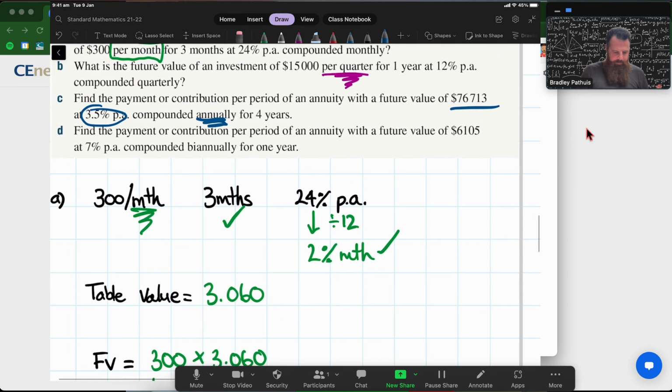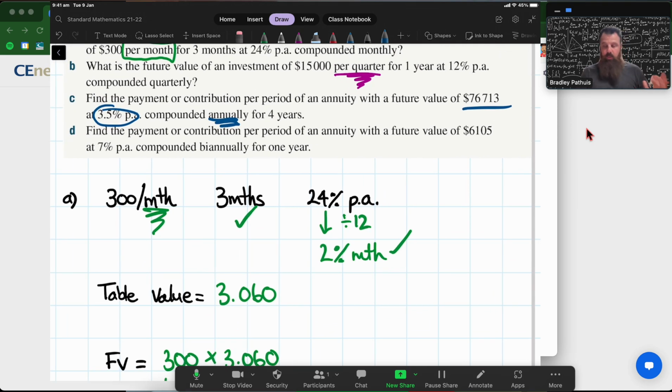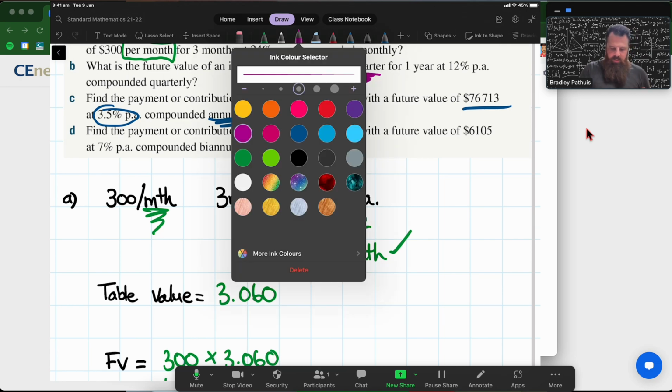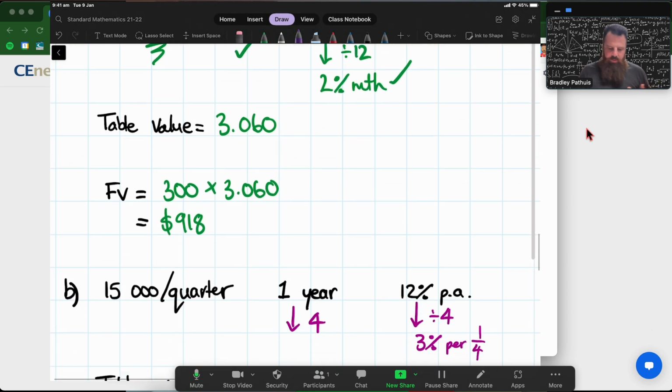And then finally, question D, find the payment or contribution again of an annuity with a future value of $6,105 compounded biannually for 1 year. So straight away we can see biannually, 1 year. They're not in the same units, so we're going to need to do something there.